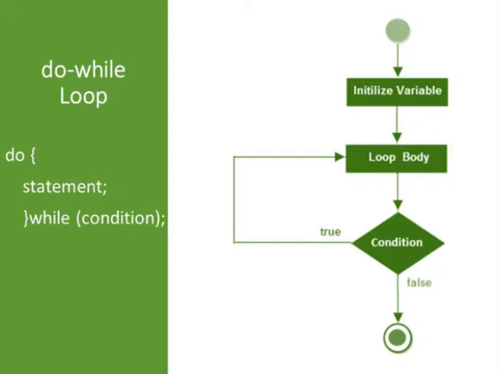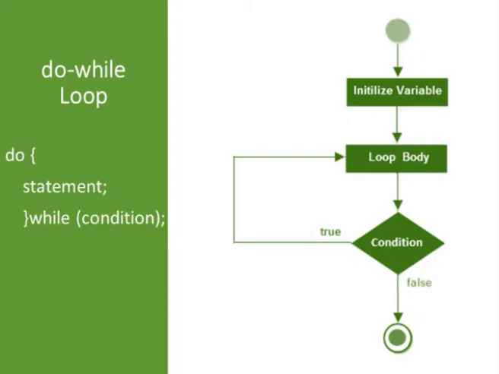Generally, before writing the loop, you initialize some variables and then the body of the loop is executed. No condition is checked. After executing the body of the loop, the condition which is written after the while inside the brackets will be checked.